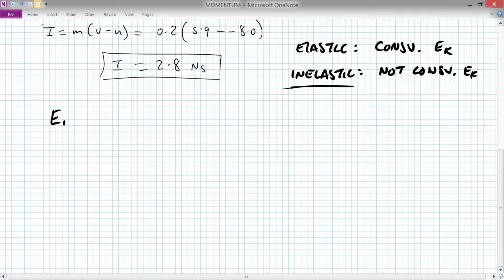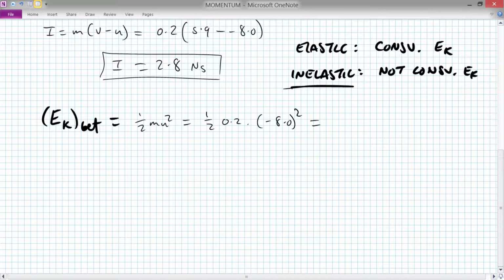So our kinetic energy before is going to be equal to half mu squared, and that's going to be half times the mass, 0.2 times minus 8 squared, and that will give us 6.4 joules before.